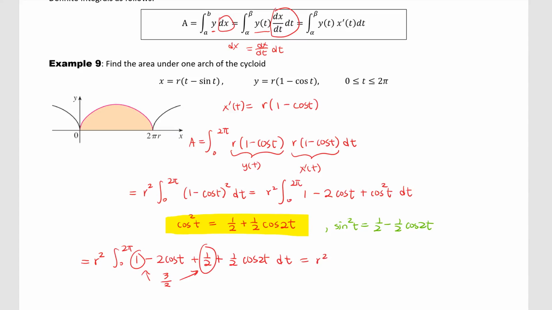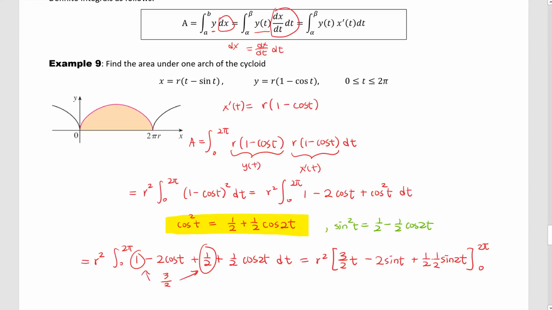So let's integrate it. 3 over 2, integrated with respect to t, is 3 over 2 t, and then we have minus 2 sine t, plus, integral of cosine is sine, because the derivative of sine is cosine. But because of 2t, we need to divide it by 2. From 0 to 2 pi.